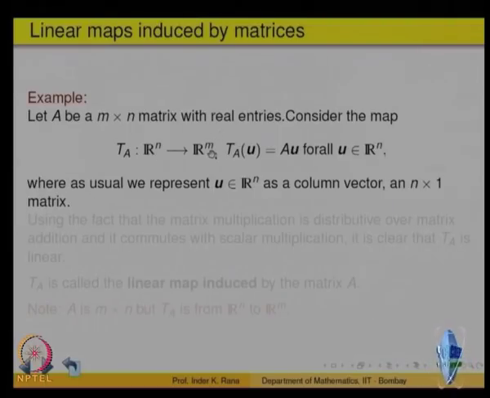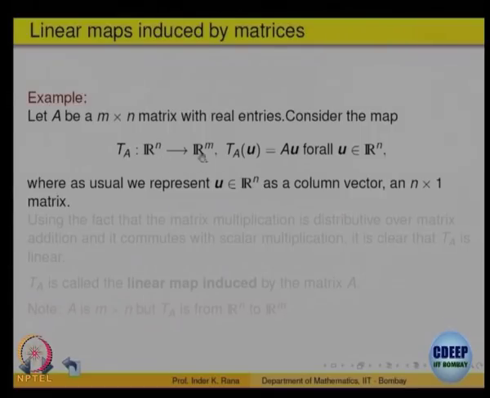So, that will be an element in R m. Clear. So, given a matrix of order m cross n, you take a vector u in R n and multiply as matrix multiplication, you will get a vector in R m. So, take a matrix, take a vector in R n, multiply, you get a vector in R m.